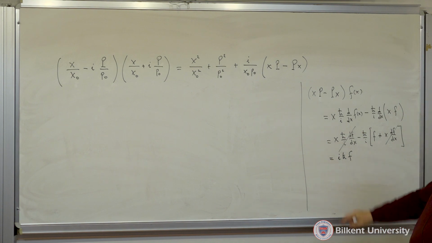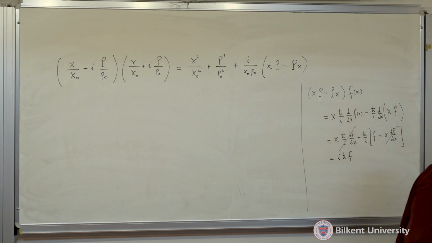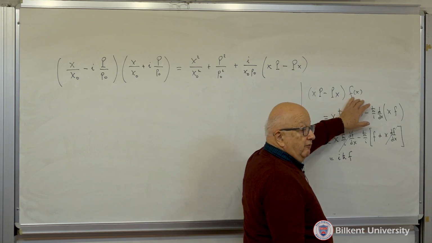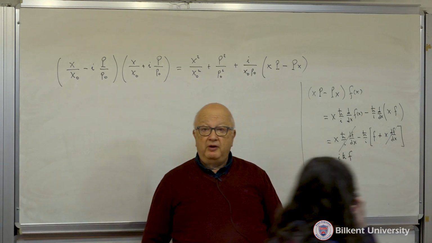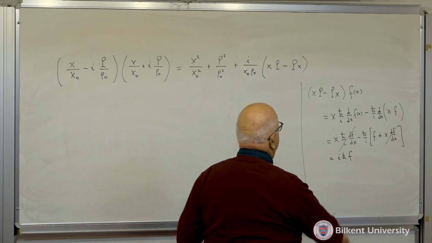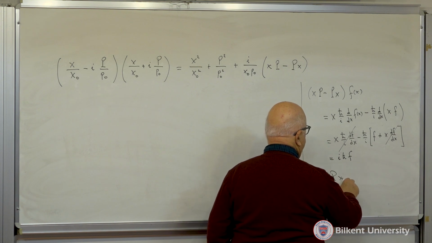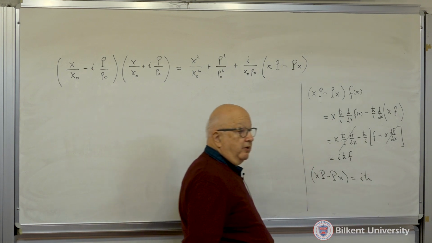So this says if I operate with xp minus px on any function f, what I'm going to get is i h bar times f. So that means I can just replace this. I can just say xp minus px is equal to i h bar.